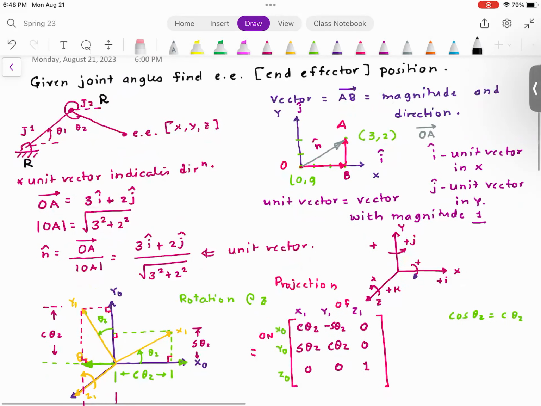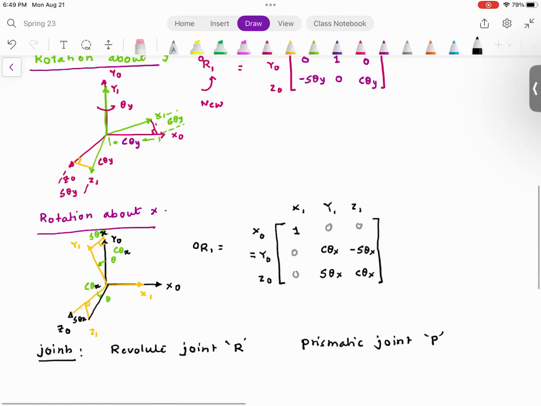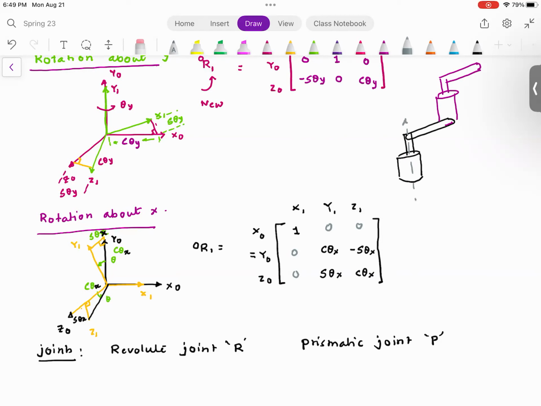Now, I'm going to show you this 2R robot. The 3-dimensional representation of this robot is going to look something like this. You have this revolute joint and the other revolute joint.